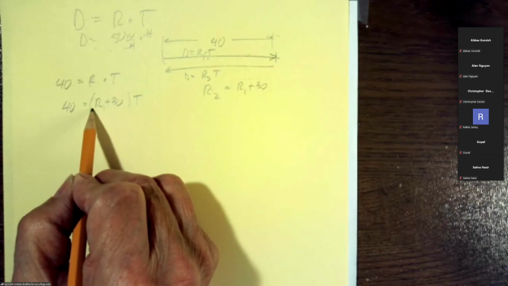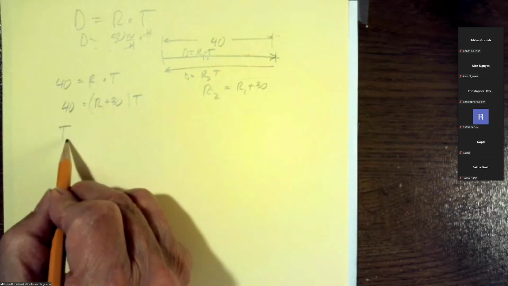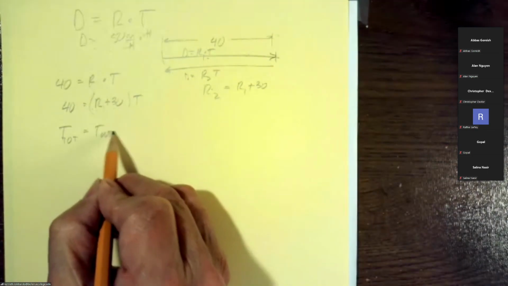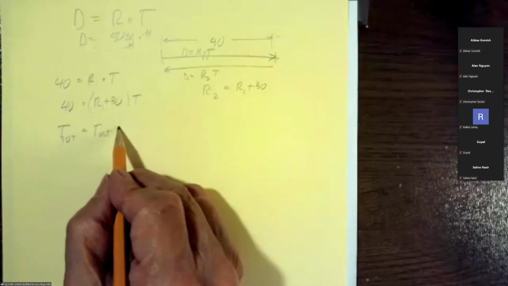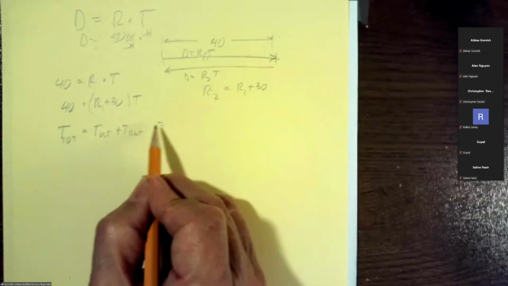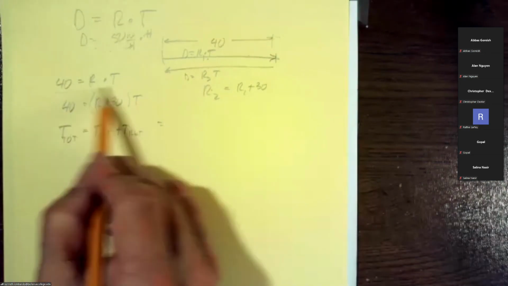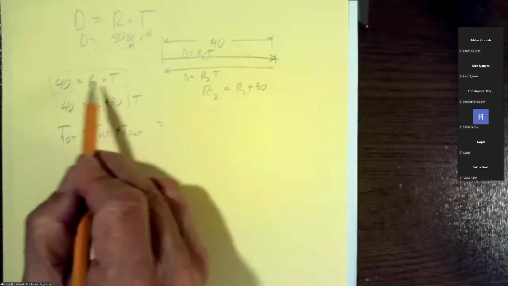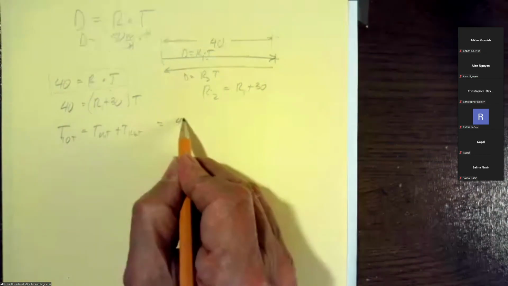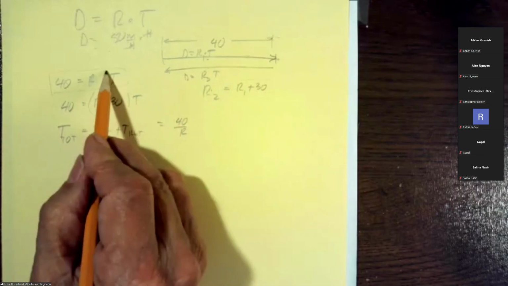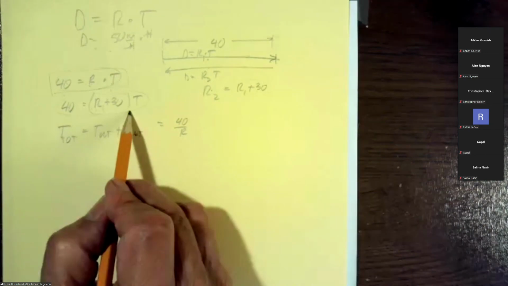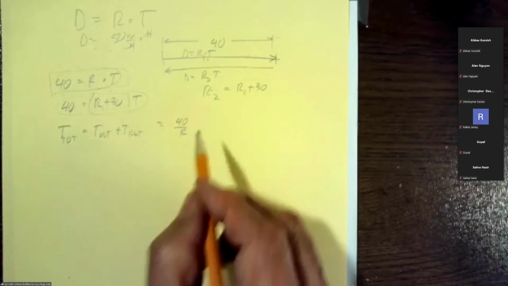So we can solve each of these. The total time is the time that we're going out, which is to the right, plus the time that we're returning, which would be to the left. So let's solve for the time going out. T equals 40 over R. That's this value when we solve for T, plus this time, which is 40 over R plus 30.